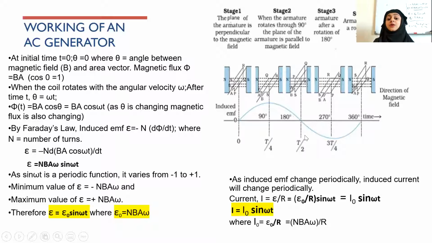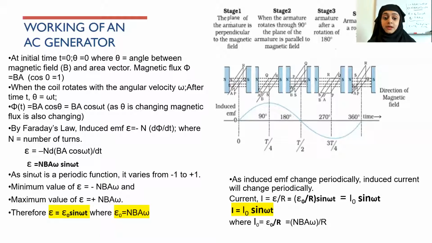That is T by 2 time interval. Again, when you rotate in 3T by 4, it will become negative. And the next quarter, it will again go to 0. So this is how it changes like a wave. Is it clear to you, the working of a generator?